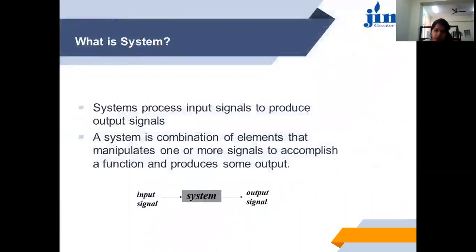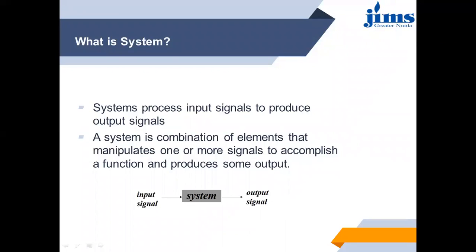So when we are talking about control system, the most important thing that comes to mind is: what is a system? A system processes inputs to produce output. A system is a combination of elements of one or more signals to accomplish a function and produce some output.